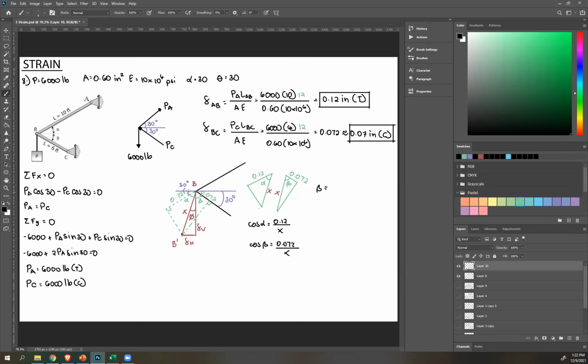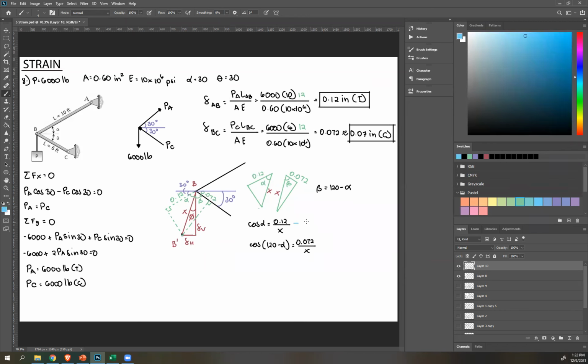So 180 minus 30 minus 30, you get 120. And then to get the beta, you're just going to subtract alpha as well. So that's 120 minus alpha. So I'll rewrite this instead of beta. That's 120 minus alpha equals 0.072 over x.